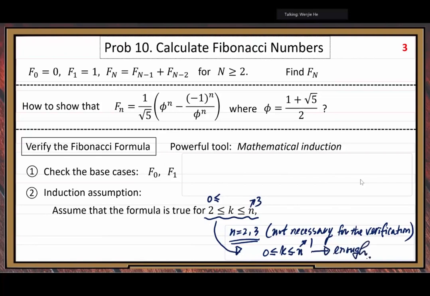Induction assumption: assume that the formula is true in a certain range. Here we only need to make sure the range is not empty. If the range is empty, we can do nothing. The main point in this induction assumption is that the formula is true in a certain range, but that range is not empty.